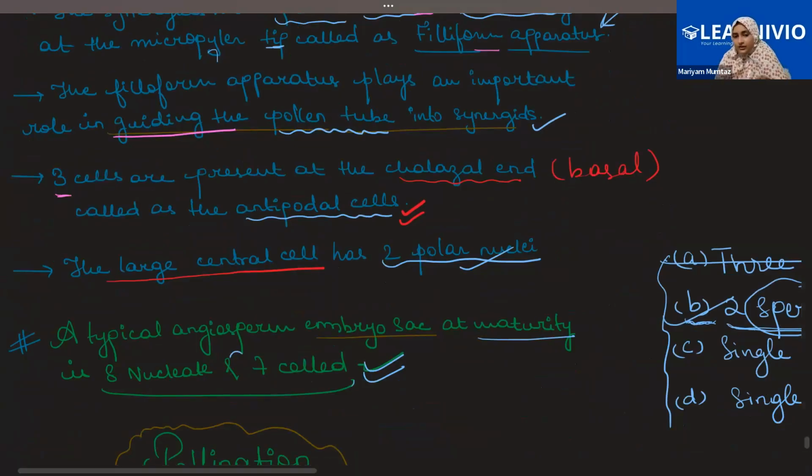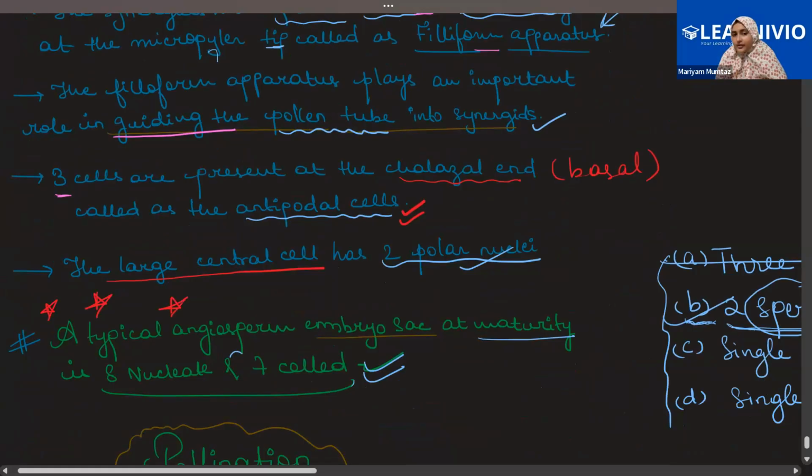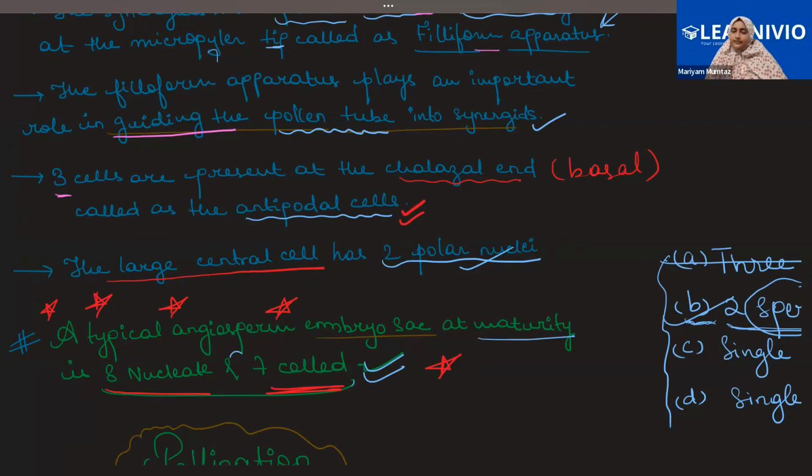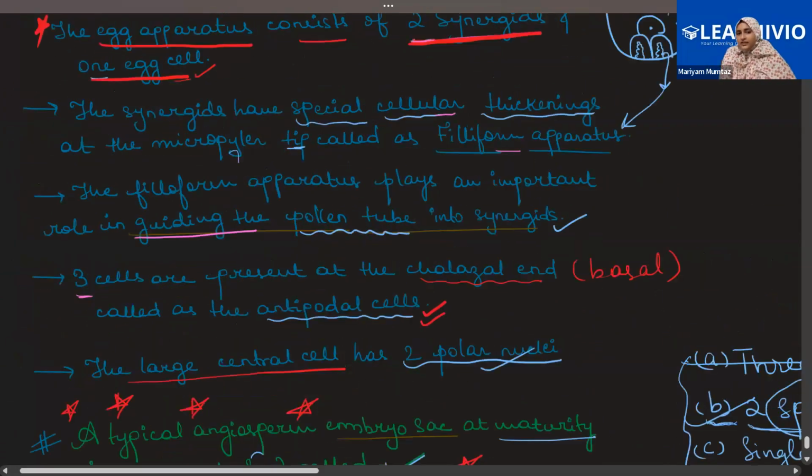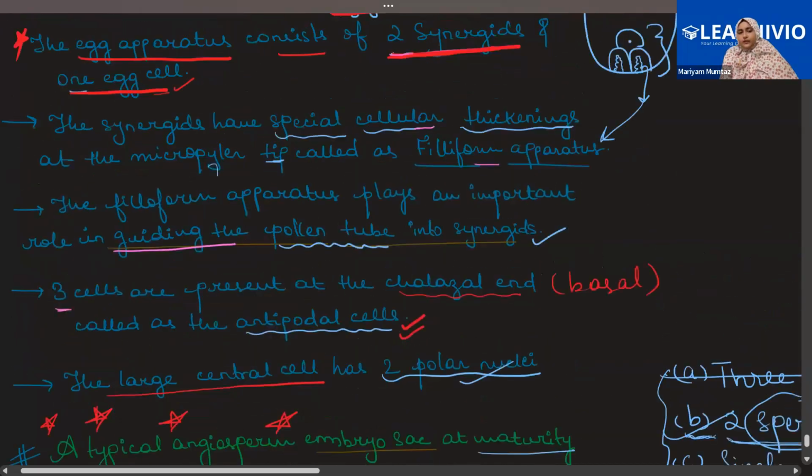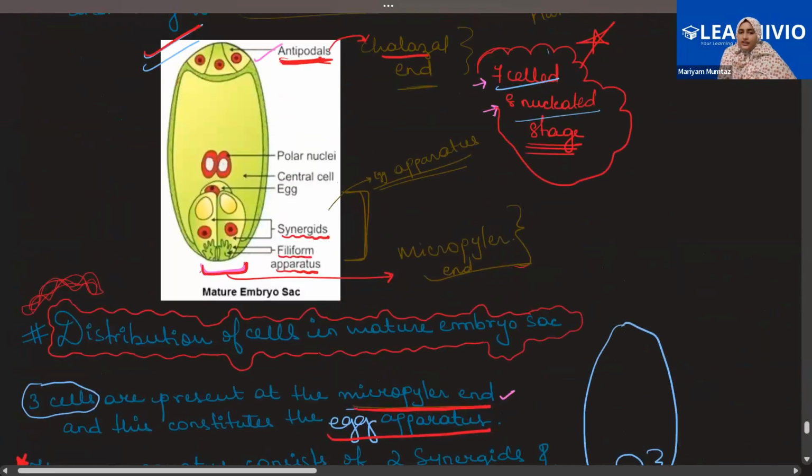So the most important part: a typical angiosperm embryo sac at maturity is 8-nucleated and 7-celled. This is its characteristic feature. Any doubts in the arrangement? No. So this is how the arrangement is like.